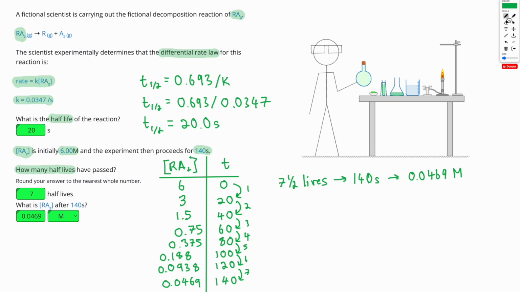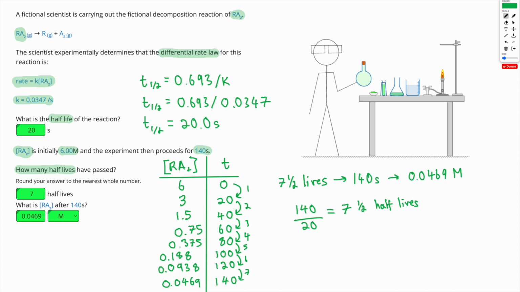So the other method, we know that the total time is 140 seconds. We want to know how many half-lives have passed. Well, we know our half-life is 20 seconds. So if we divide that by our half-life, 140 divided by 20 is 7. So we know 7 half-lives have passed in 140 seconds.